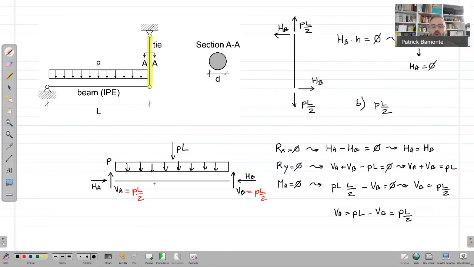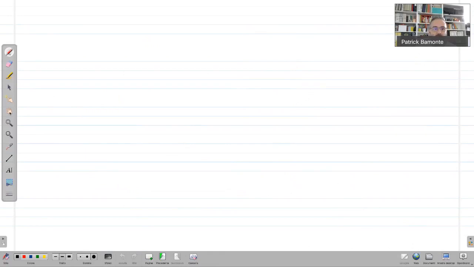Of course, to conclude this exercise, you also have to sketch the diagrams of the internal forces, but as you see, this is basically a simply supported beam. So the bending moment and shear diagrams are very easy to determine. I will just plot them because we have seen them a lot of times during the classes in one way or the other.